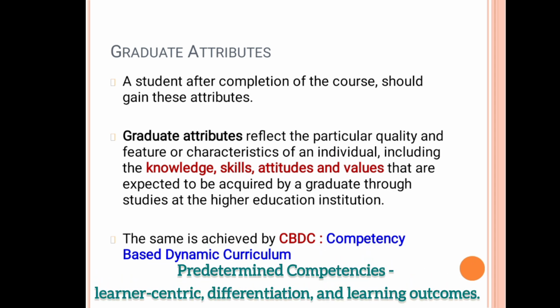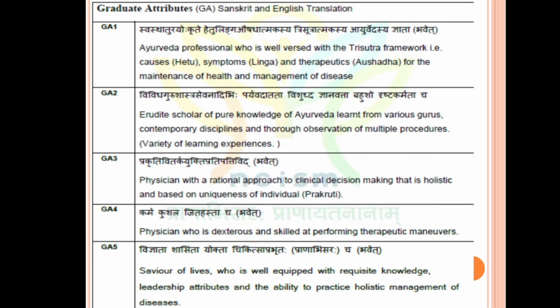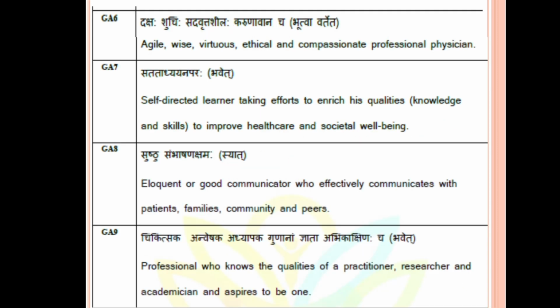And the same is achieved by what we call CBDC, that is competency based dynamic curriculum. So these are the graduate attributes mentioned in our syllabus. A total of 9 attributes are mentioned, which are taken from the Samhitas themselves.